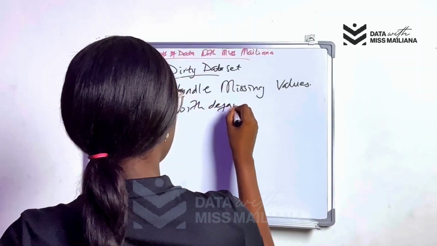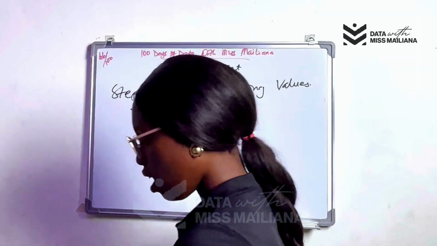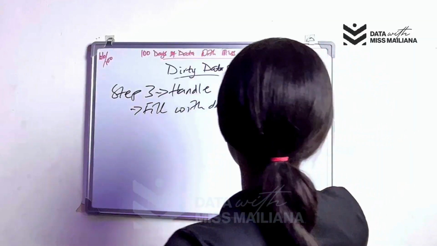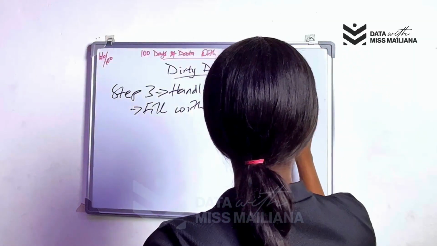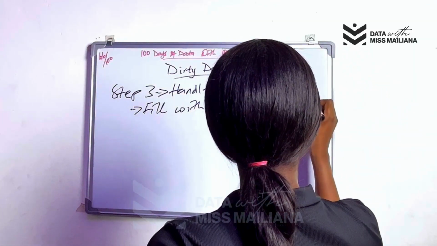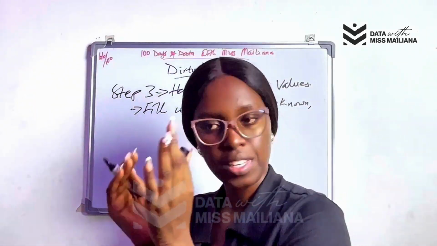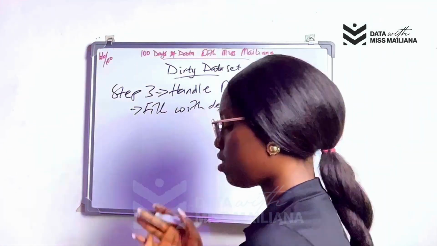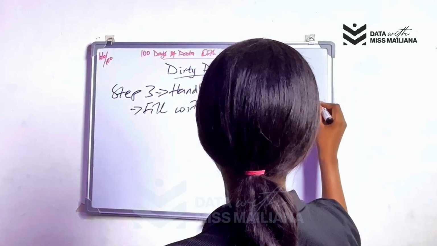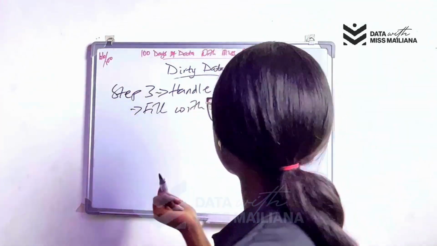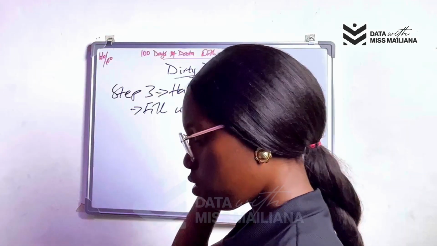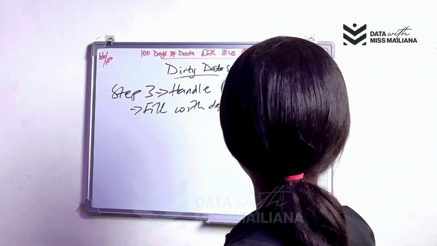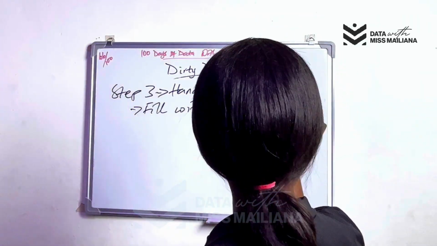A default could be that maybe the text could be unknown. Maybe there are a lot of unknowns, so you keep all of them in one category, and they become a new category. Or it may be zero, none, there was none given. Or it could be a median or average of the numbers.